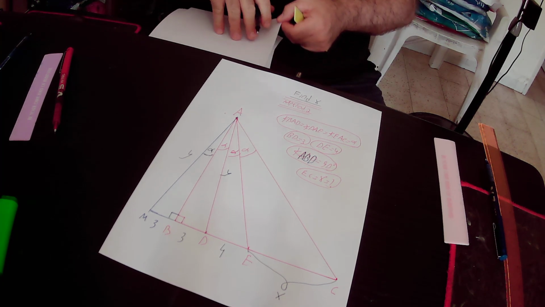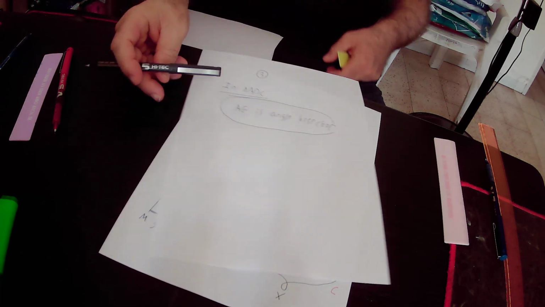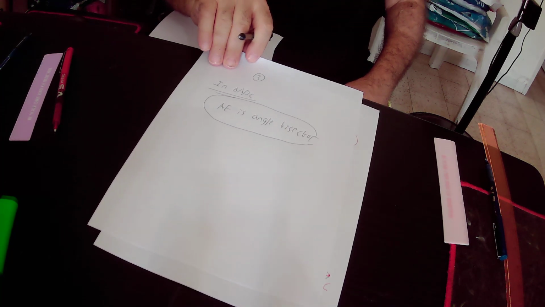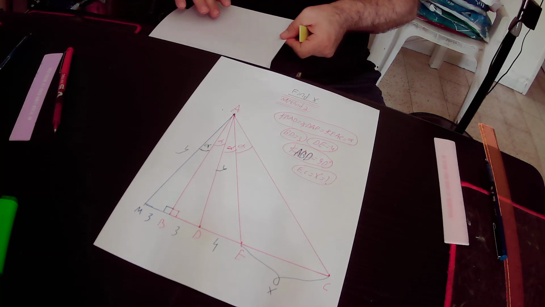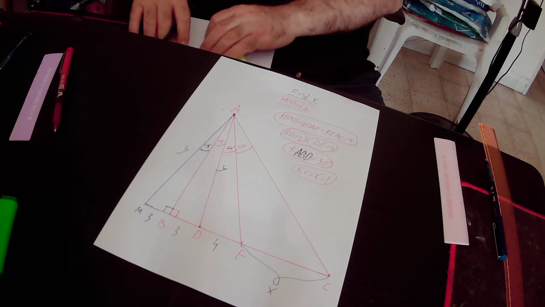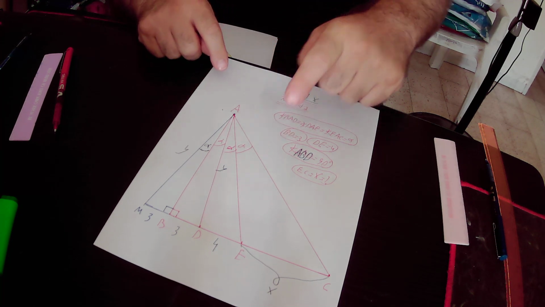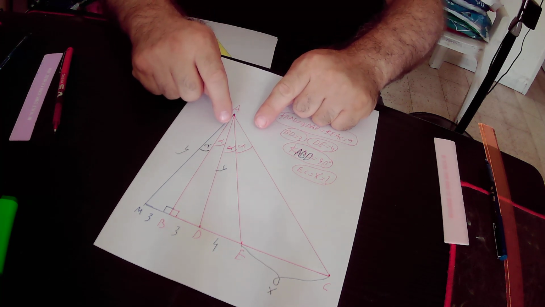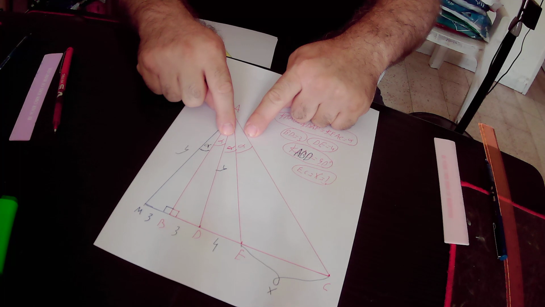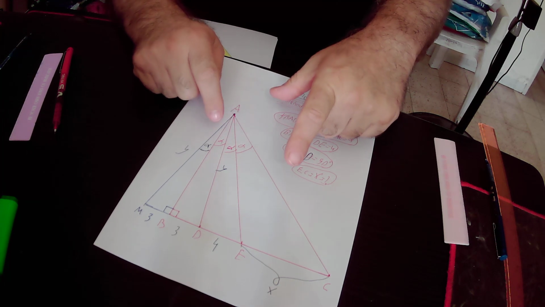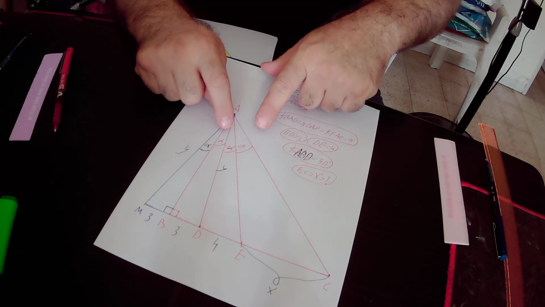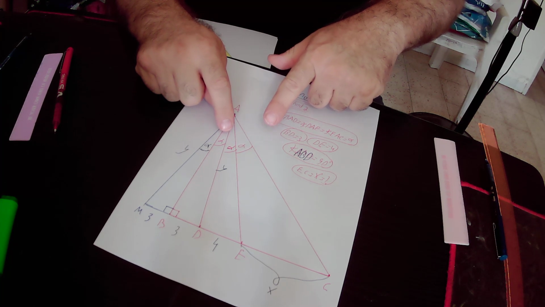As you can see from the drawing, AE divides angle DAC into two equal parts. That is to say, this angle is alpha and this angle is also alpha. For that reason, AE is angle bisector of angle DAC.